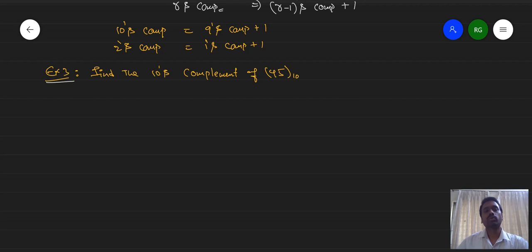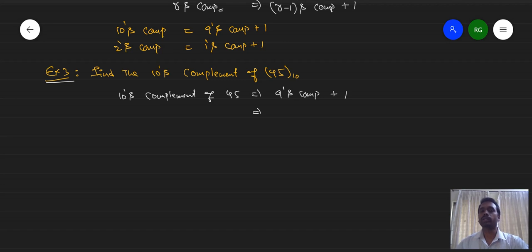We already know that the tens complement of my 45 is equal to the nines complement plus 1. This is how we will do it. Or the alternative is to substitute in the formula, that is R power n minus N, that is 10 power n minus N. That is also one way, but this is the simplest way: first find the nines complement of a given number and then add a 1 to it.